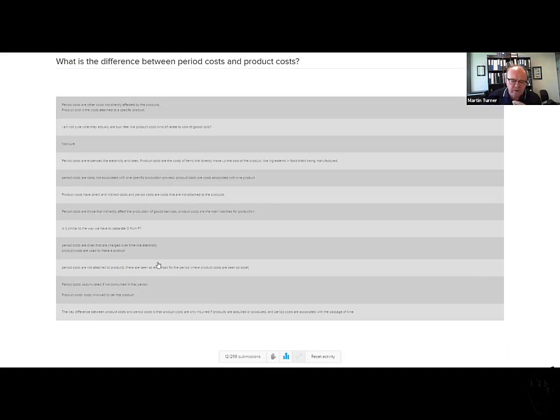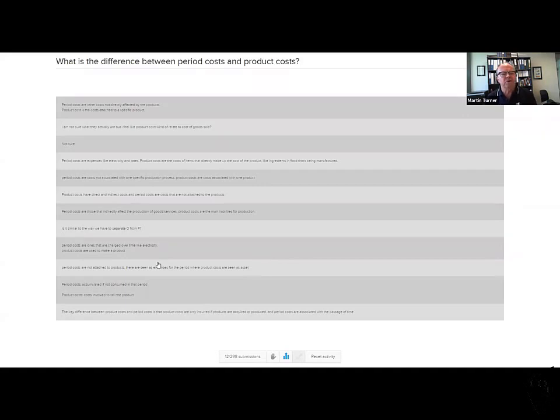And we'll be looking at different ways of allocating some of these costs, but it's also the indirect costs that we attach to products. And we'll be looking at various ways that we allocate indirect costs to products.